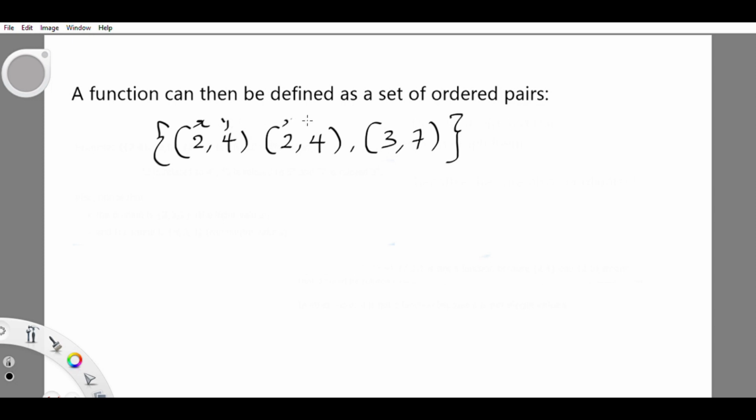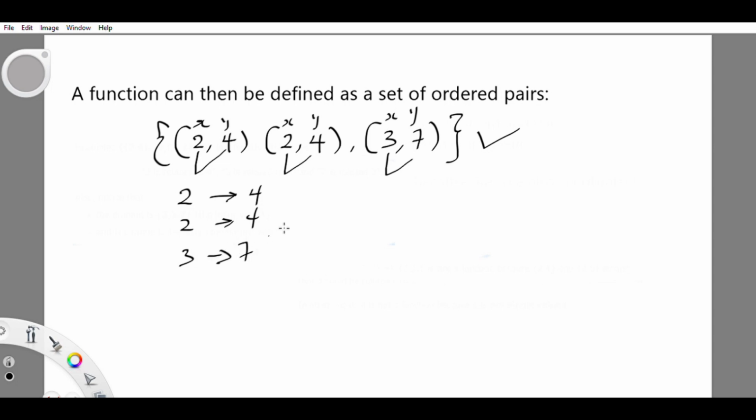So this means that x value 2 is mapped to 4, and x value 3 is mapped to 7. This is a function. As you can see right there, we have 2 to 4, and we have 3 to 7.